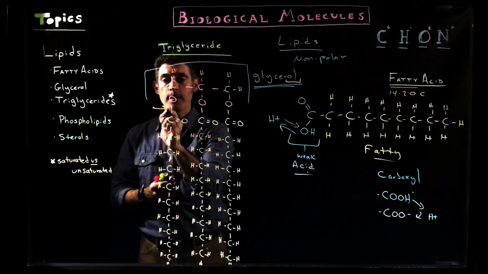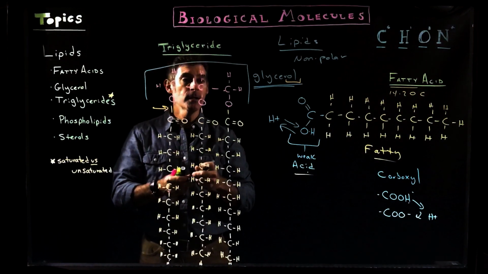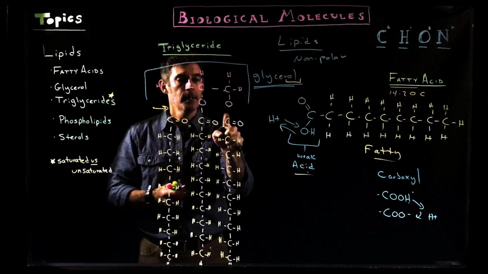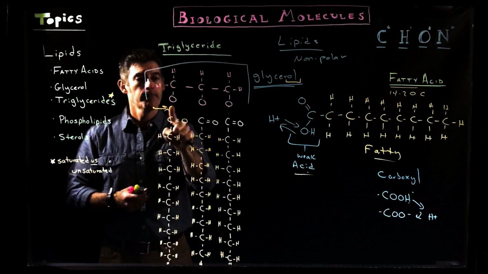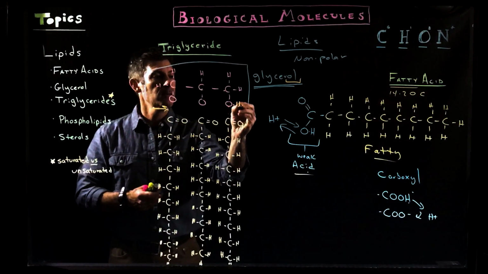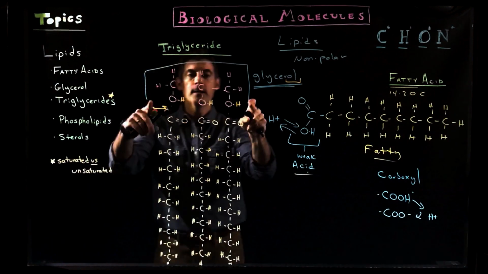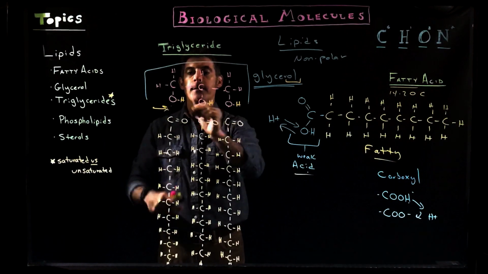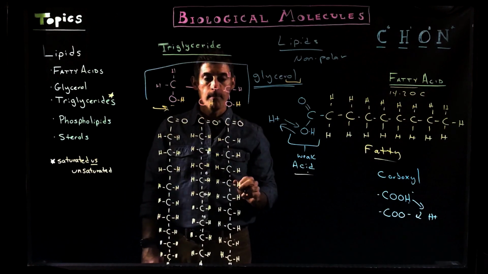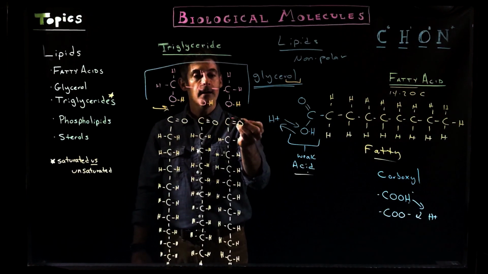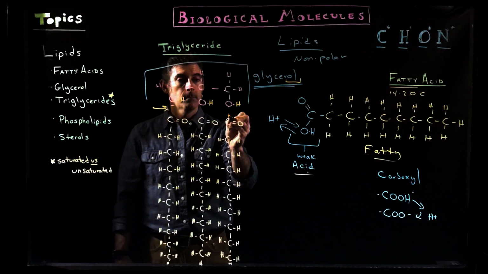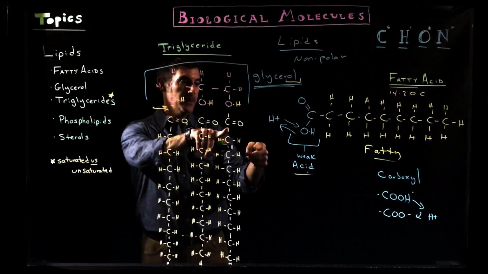All right, and that's going to happen right here. So the glycerol molecule, you could draw it like this, have OH, OH, OH. Okay, so that would be a glycerol here with its OH hydroxyl groups. And then we would have our carboxyl group here.